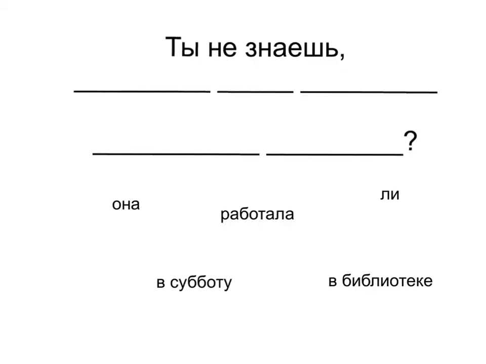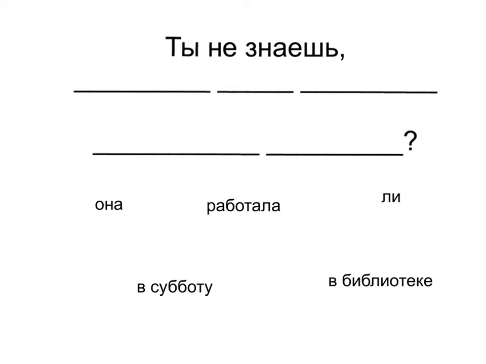Here's another sentence. Look at our elements. We have она, she, в субботу, on Saturday, работала, was working, li, в библиотеке, in the library. Where should we put our li? Second position, right away, and leave it there.